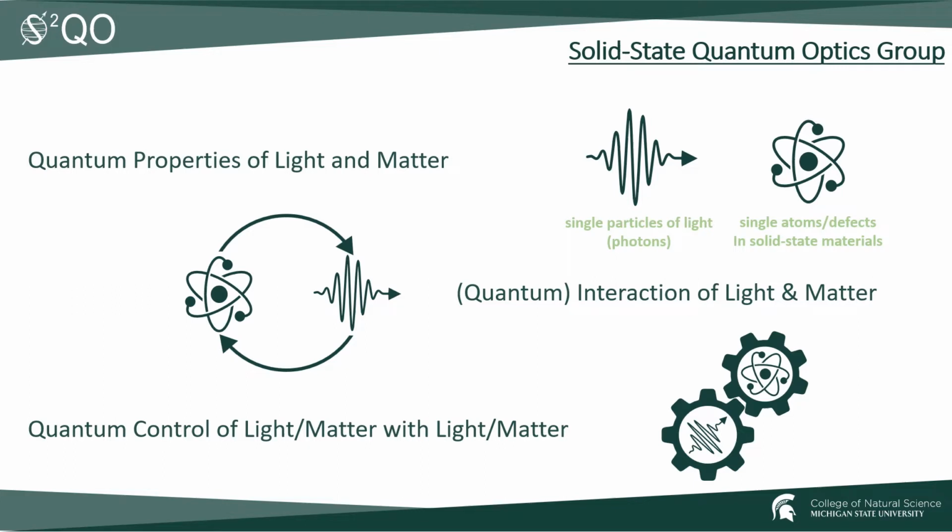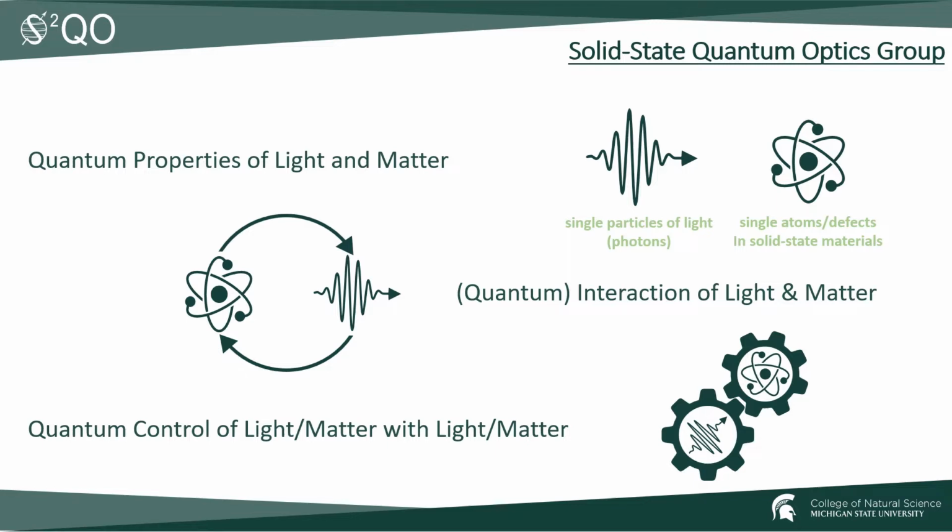So in my group, we're interested in the properties and the interactions of light and matter on a quantum level. So the interactions of single particles of light, photons, with single atoms or defects in a variety of solid-state systems, really. On the one hand, we want to use light to control the state of atoms or defects.